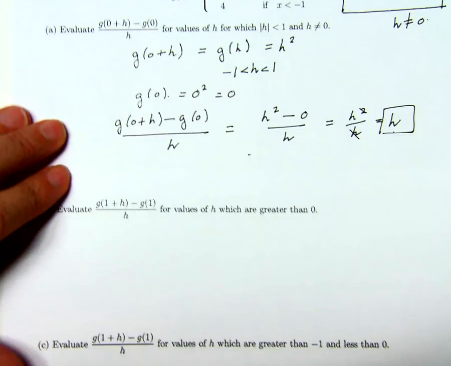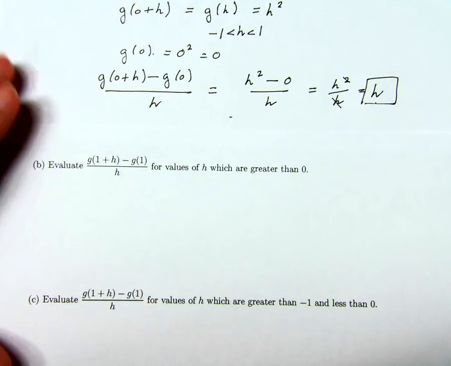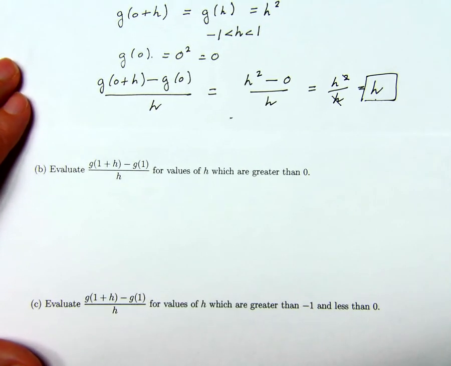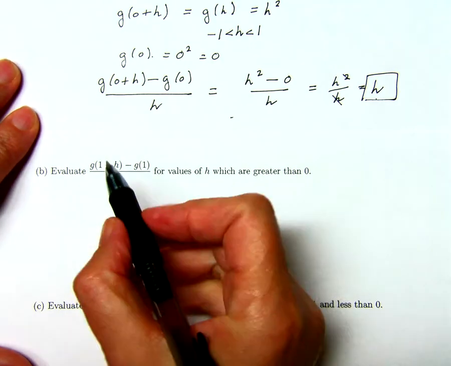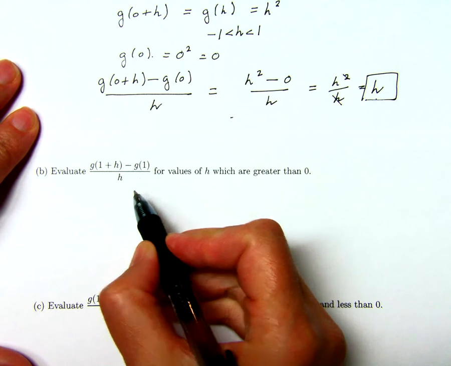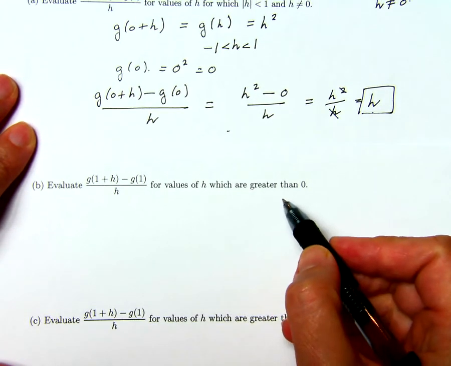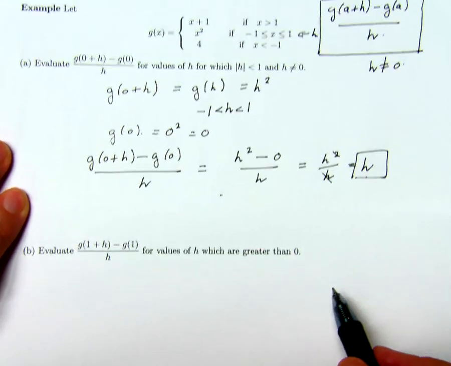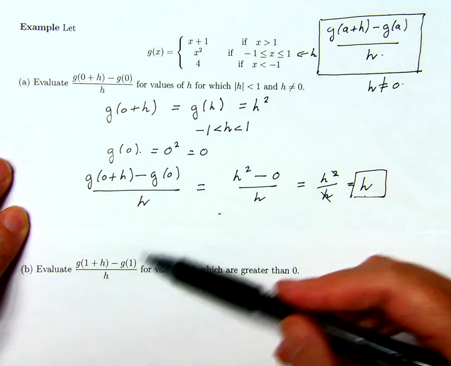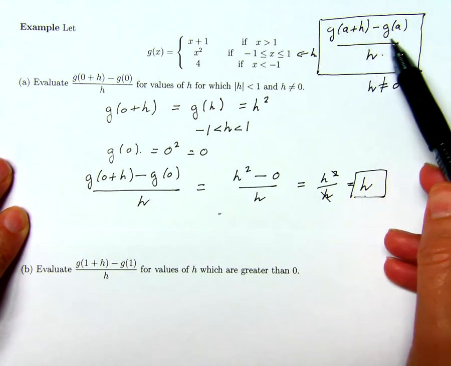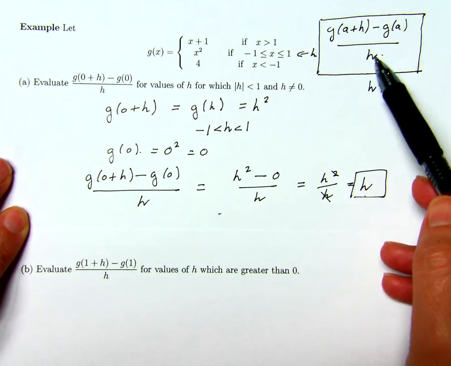Now, as I said, the value of the difference quotient depends on both a and h. What if a is 1 and h is something greater than 0? So we're thinking about this difference quotient when a is 1. So we have g of 1 plus h here, minus g of 1 over h.